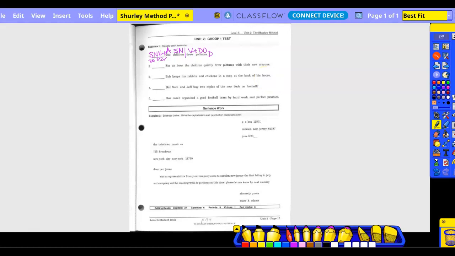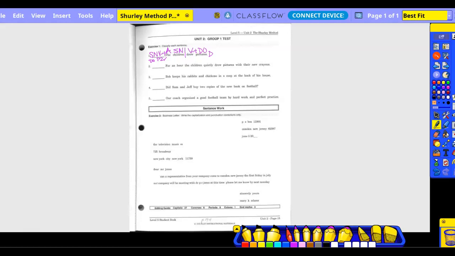And then the direct object is, of course, labeled with DO. And then the direct object asks whom or what after the verb. So it's usually always going to be after the verb. And then the verb transitive is labeled as VT. And then it's whatever action is being received. So in this case, what was being drawn?